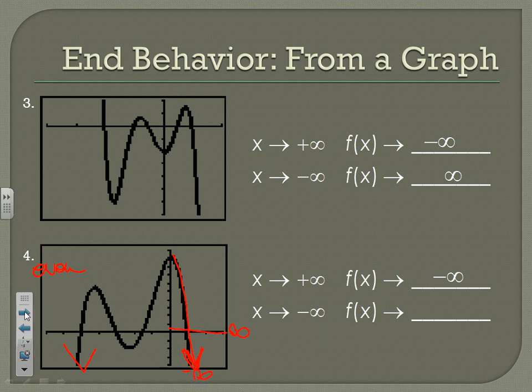Well, over here on my left-hand side, as I go out towards negative infinity, it's also going down real quickly. So since that one's going down also, it's also approaching negative infinity. And like we said, it's okay for them to be the same. The arrows are pointing the same direction, so it makes sense that these should be the same.